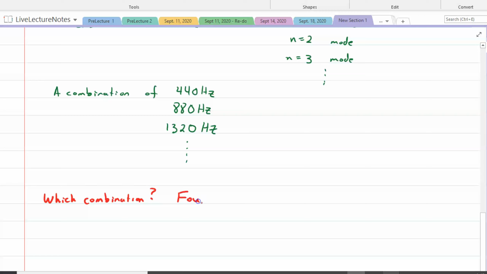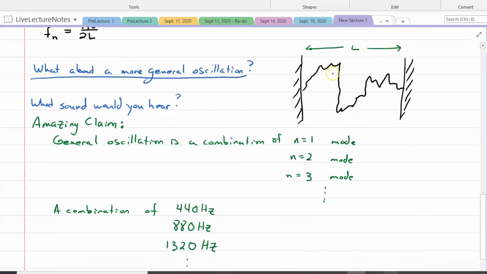Fourier analysis will tell you. So if I could write this function of this sort of messy oscillation as a Fourier series, it would tell me how much of the n equals 1 frequency is in there, how much of the n equals 2 frequency is in there, and so on.